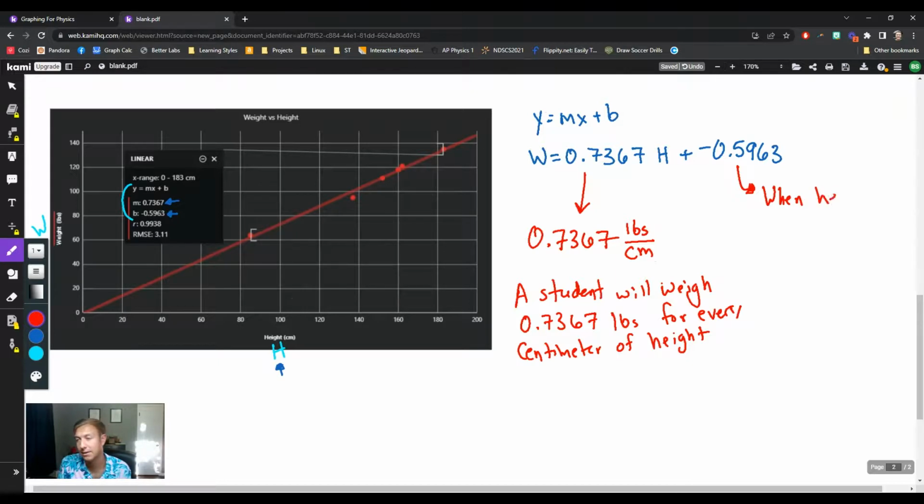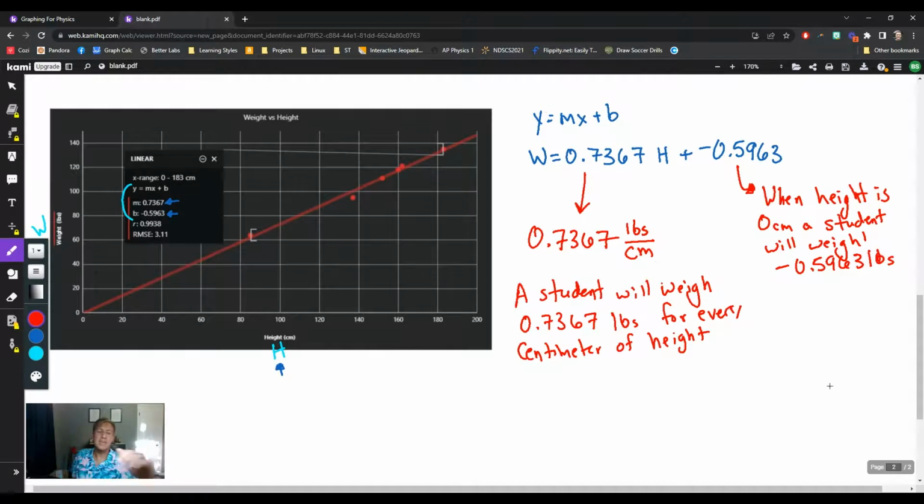So when height is 0 centimeters, a student will weigh negative 0.5963 pounds. Now, if we really think about this, does that make sense?